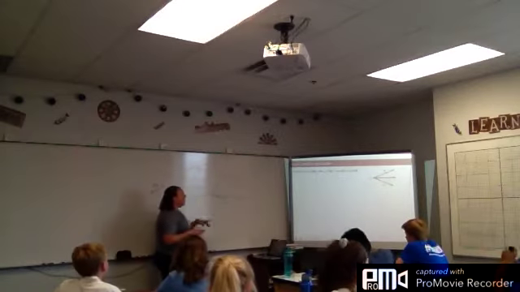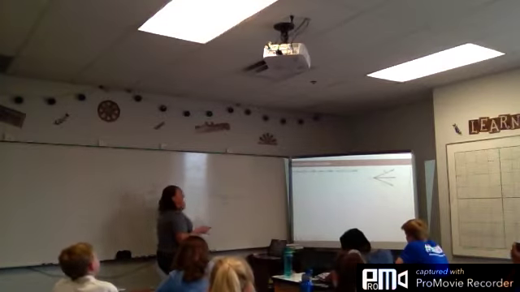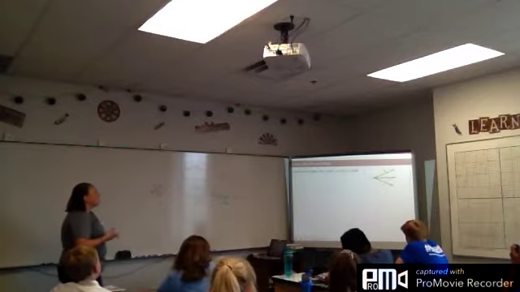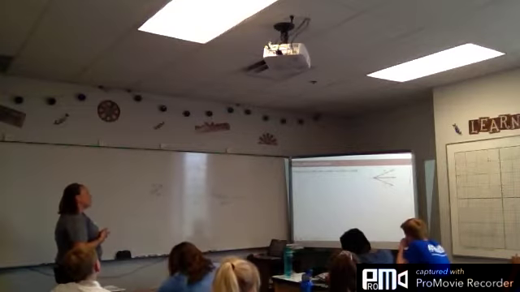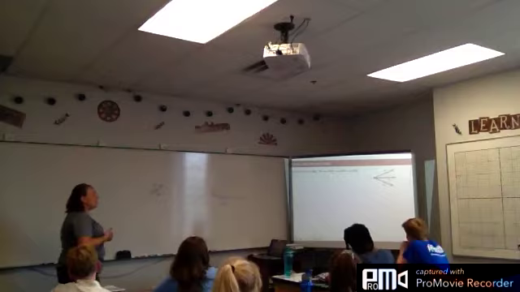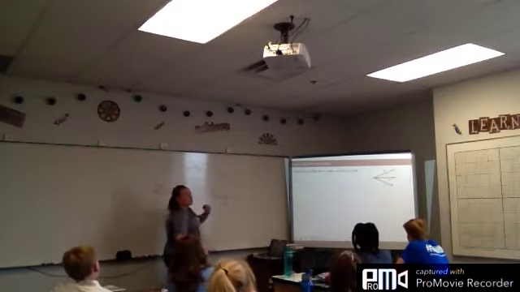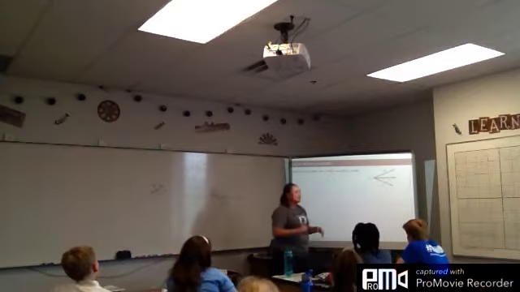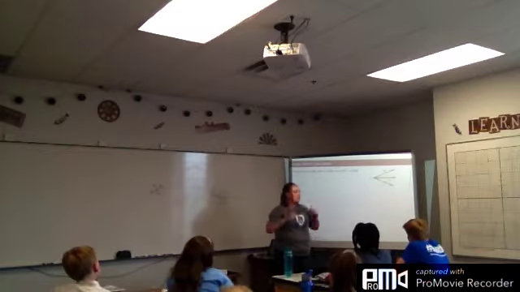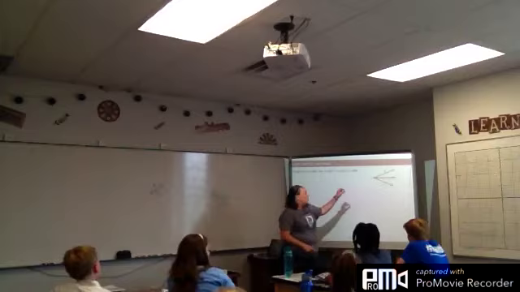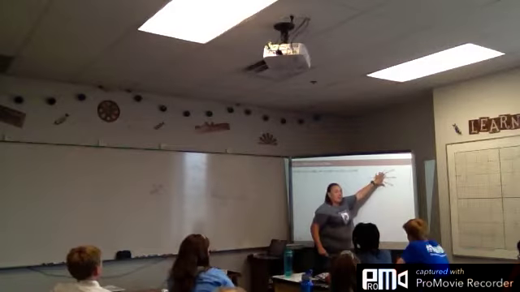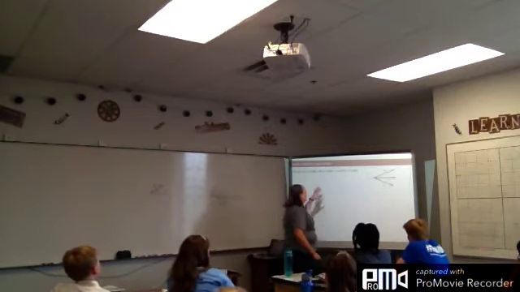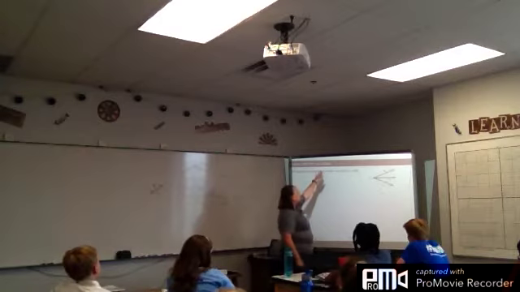Okay, so if S lies within angle PQR, then the measure of angle PQS plus the measure of angle SQR equals the measure of angle PQR. That's the angle addition postulate.